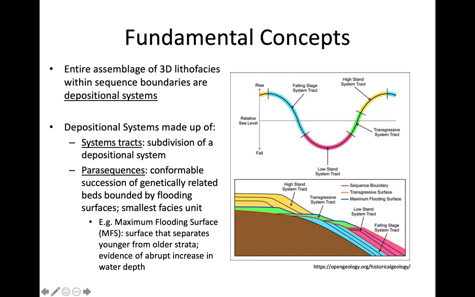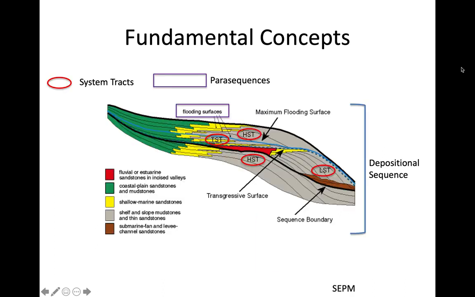We also have the maximum erosive surface, or maximum regressive surface, otherwise known as the ravinement. There's a whole bunch of different names for it, to show the shallowest point as well. Those are our parasequences. And those exist along with our systems tracts. They are in our systems tracts that make up one sequence of sea level rise and fall within a basin.